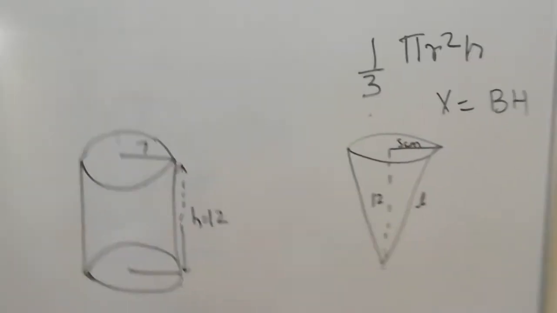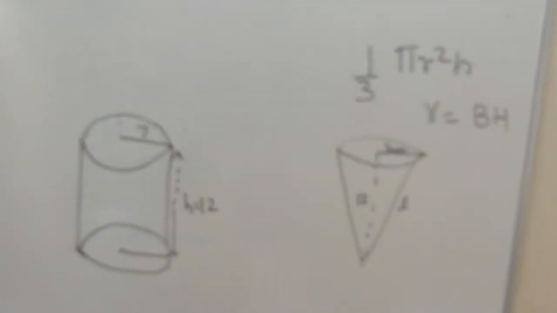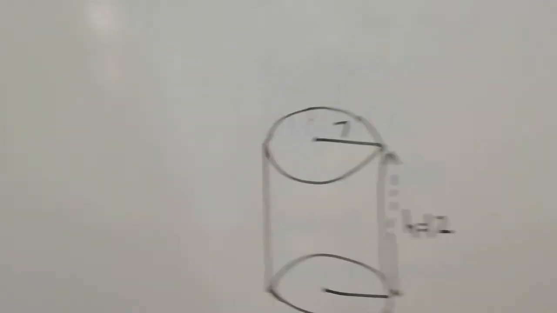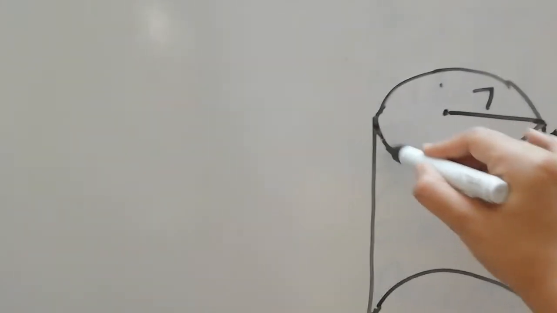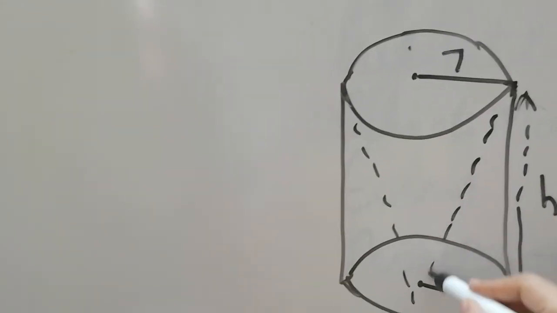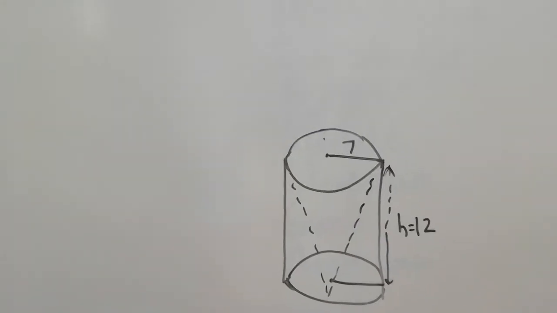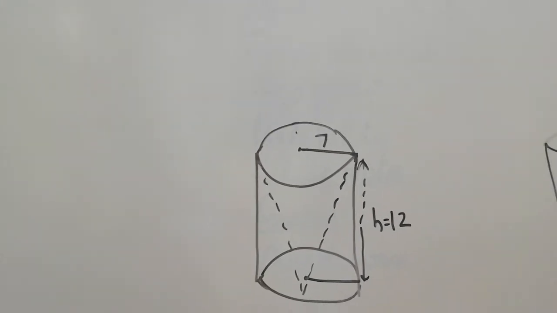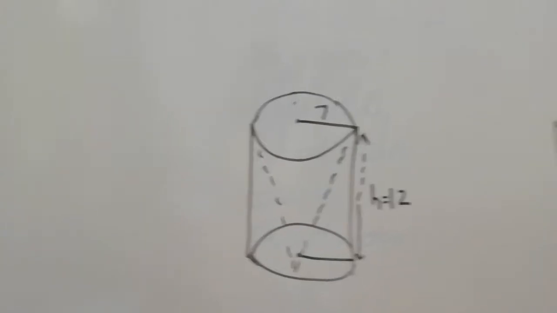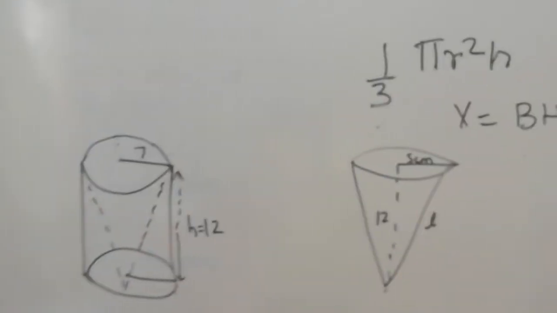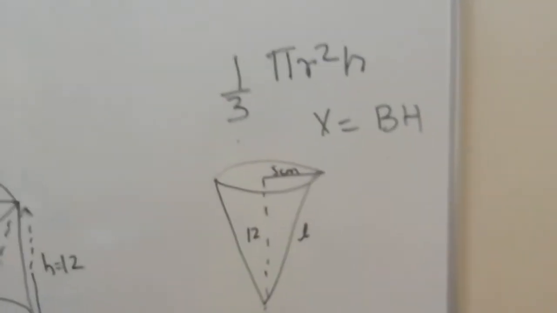Why 1/3 of the cylinder? We can see clearly here that the cone is less than the cylinder. So for example, this is a cylinder and this is a cone. You can very clearly see that the cone is 1/3 part of the cylinder. That's why the cone's formula is the same as the cylinder's, but it is 1/3 of the cylinder.